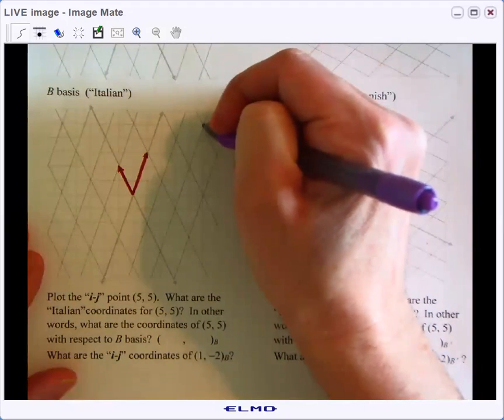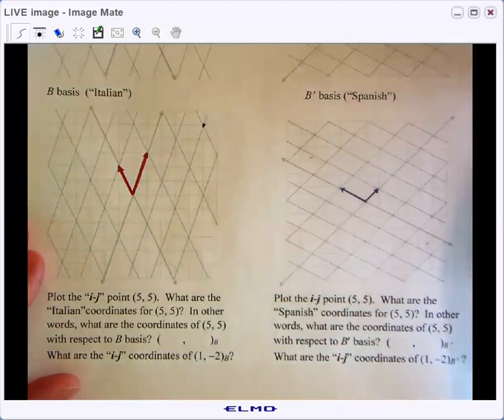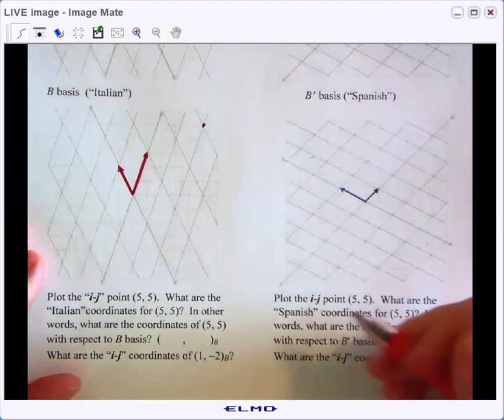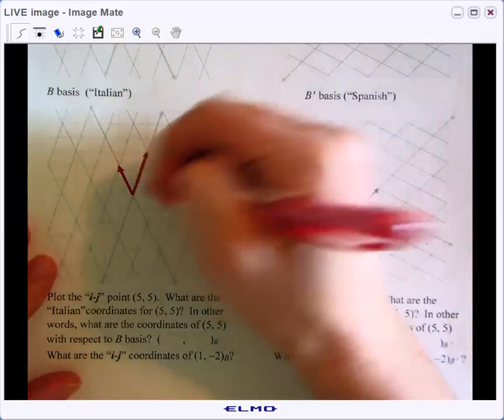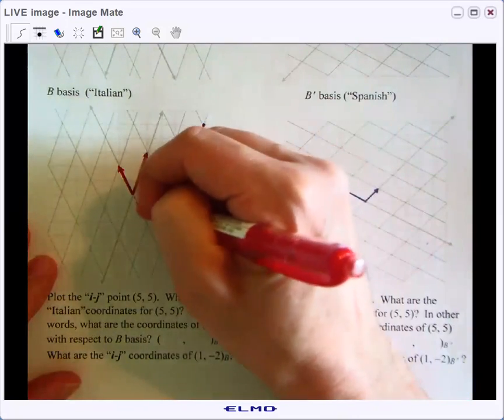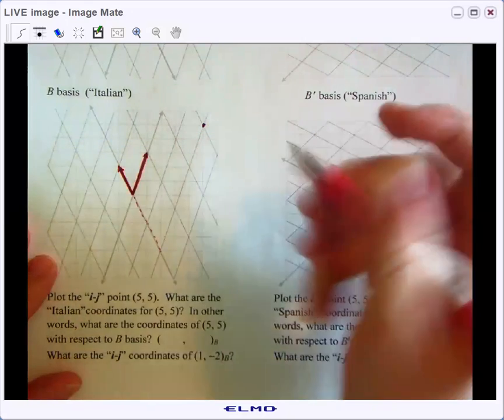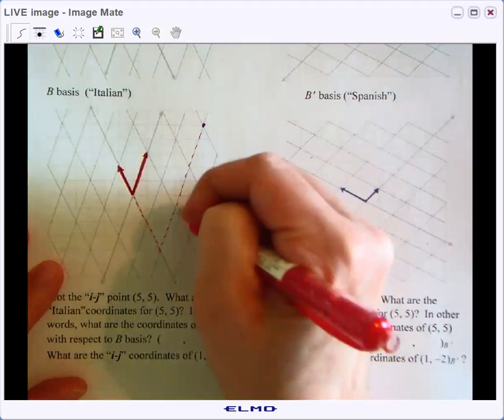And that would land me right here. So how could I use my red vectors to get there? One thing I could notice is it is on a crossing of these grid marks, so I'd go like this and like that.